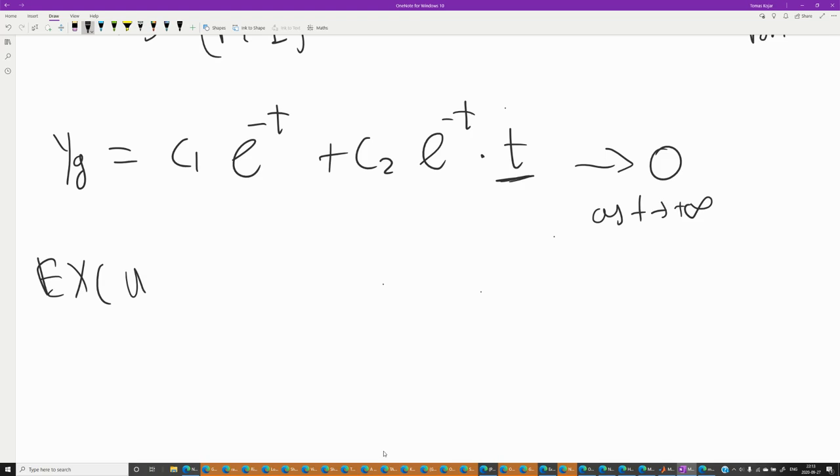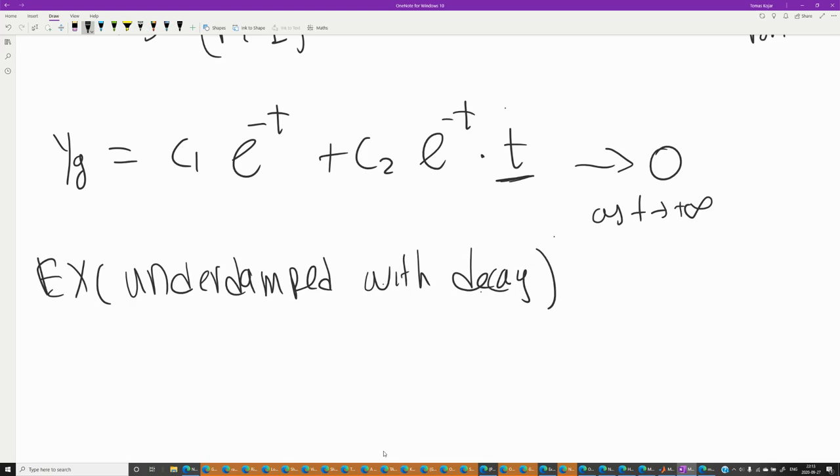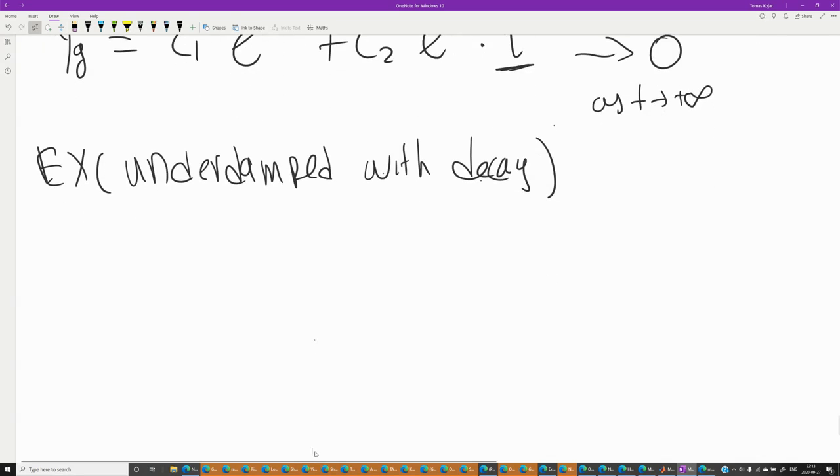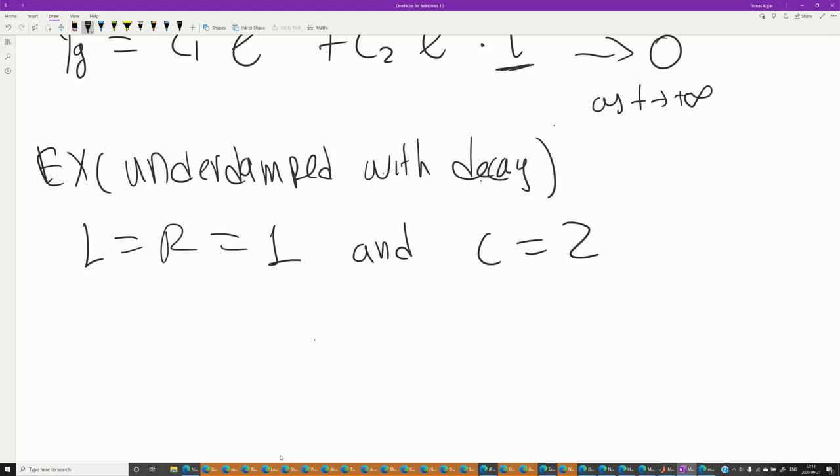So underdamped with decay. I will explain. Here, let L equal to R equal to 1 and C equal to 2.